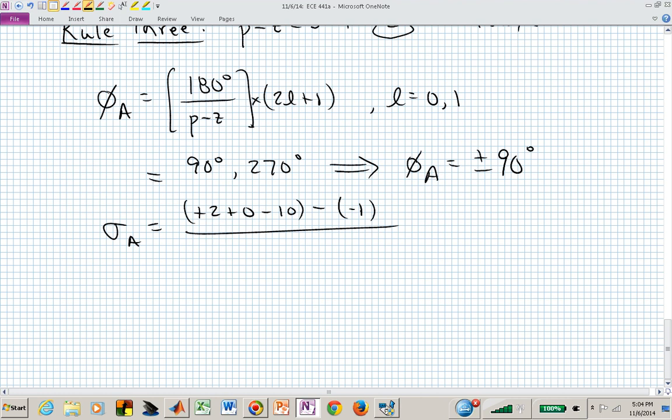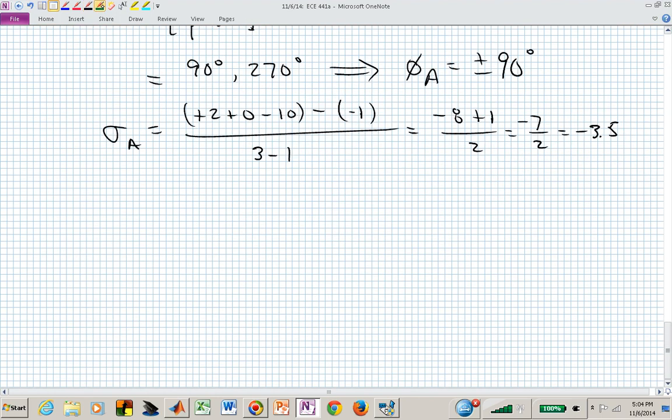We subtract the zeros algebraically, and we divide by the pole-zero excess. We now have -8 plus 1 over 2, or -7 over 2, or -3.5 for our asymptote location, or the centroid.